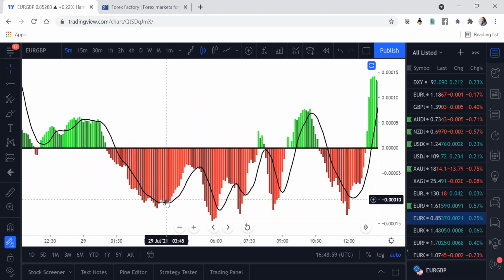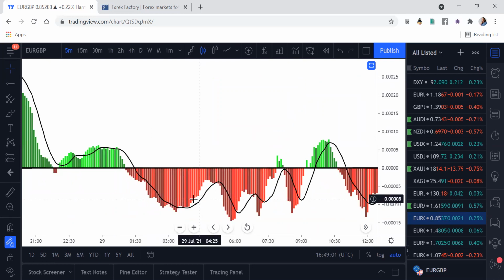You can see where the MACD is concerned, you had space between signal line and the histogram, right? You had a couple of light red bars, but the signal line was far away from the zero line. And then what happened? As the signal line came up, the sellers picked back up momentum again.